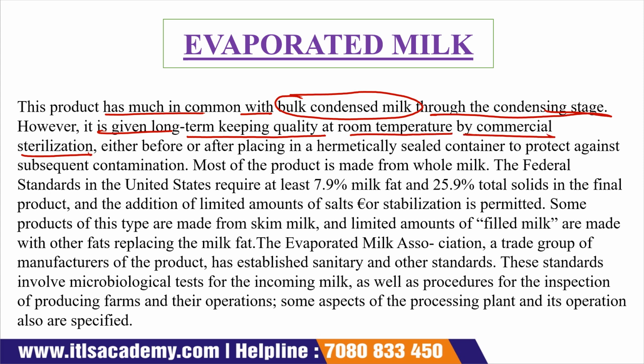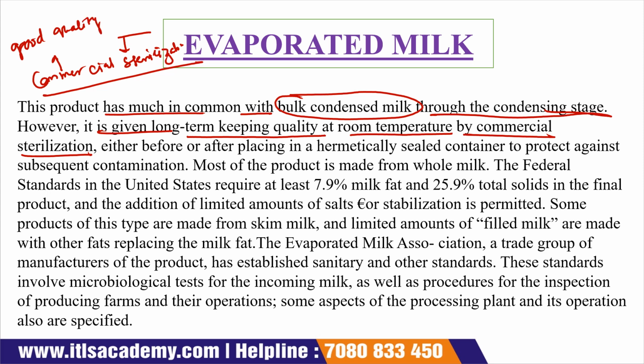If we prepare evaporated milk by a commercial sterilization method, then this milk gives good quality at room temperature, either before or after placing it in a hermetically sealed container, so that it will protect against subsequent contamination.